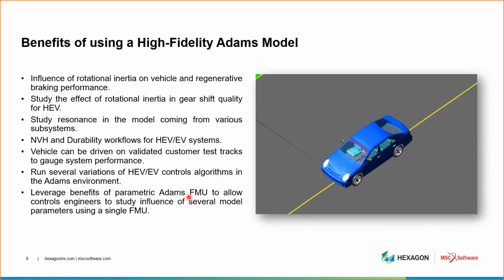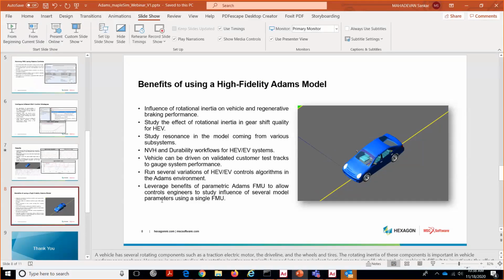So they can use the benefits of parametric FMUs to run it in the MapleSim environment to see how the controllers are affected. So that is our workflow for this part of the webinar, and that's all I have.